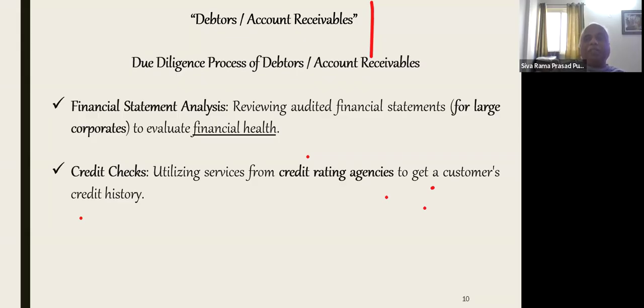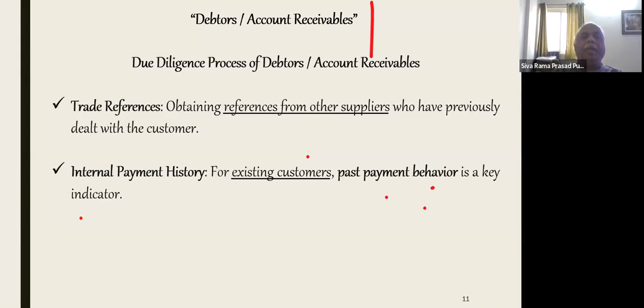Today there is a big market for this. You can sell those debtors, trade receivables, under a discount scheme. And for some assets which are not instantly sellable, that market is also there. Check credits, utilizing the services of the credit rating agencies to get the customer's history. Next, trade reference.